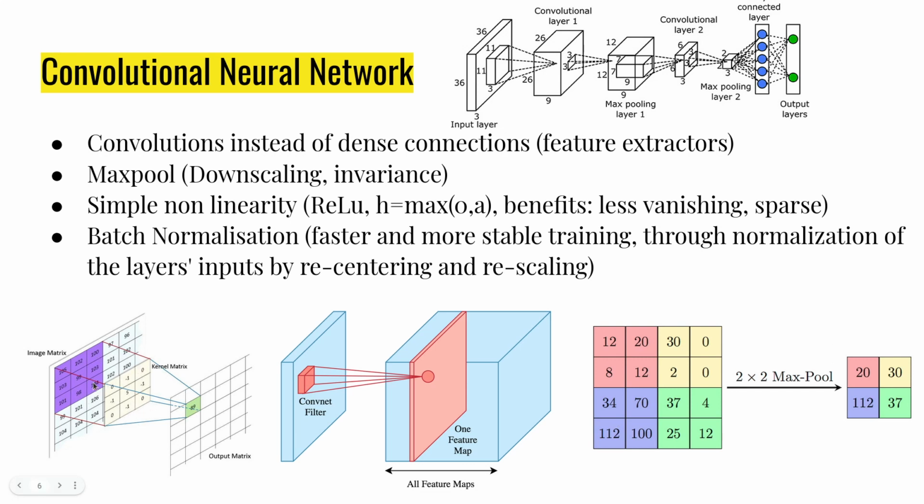Whatever feature is there, if that feature is entirely shifted towards the right, the weights are shared anyway, so the feature will be detected a little towards the right. Basically, because of convolution we are getting certain invariance. Not all the invariance, but some invariance we are getting.